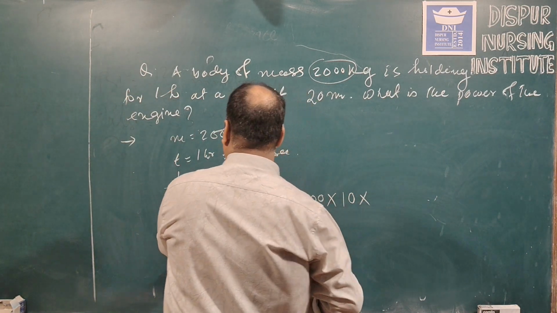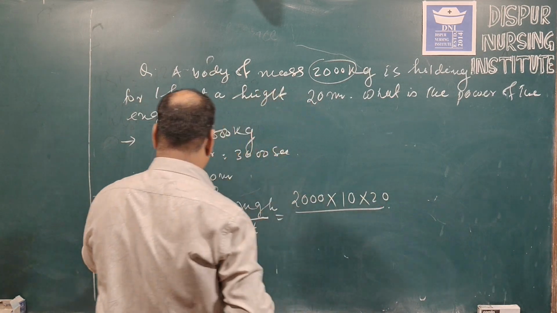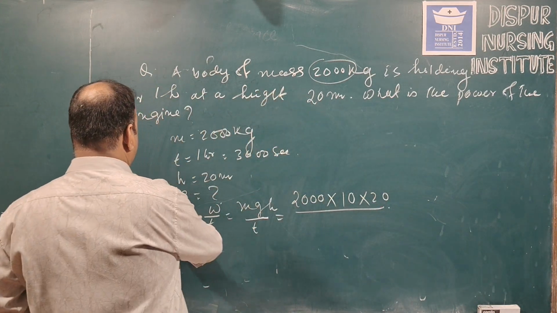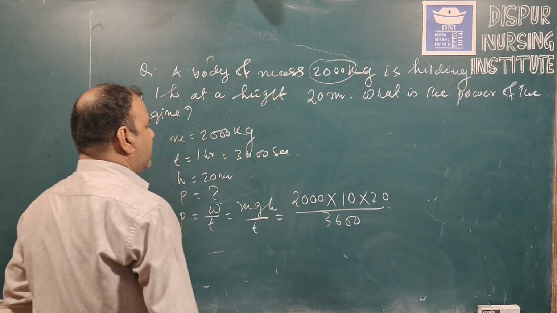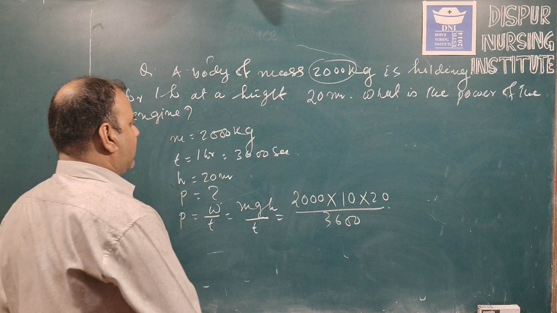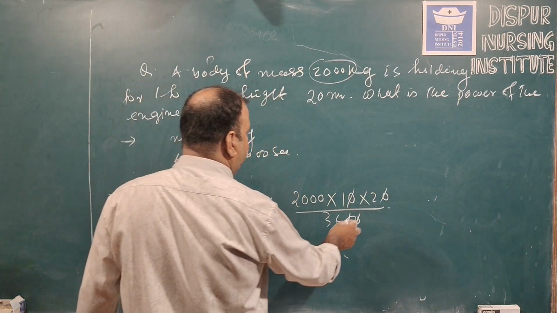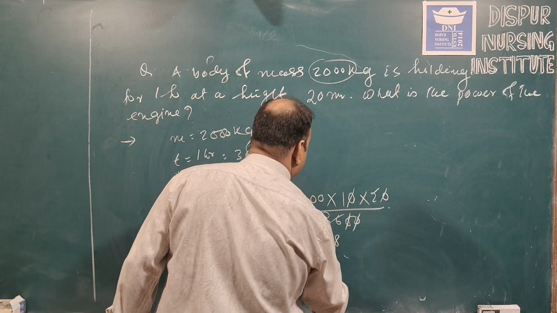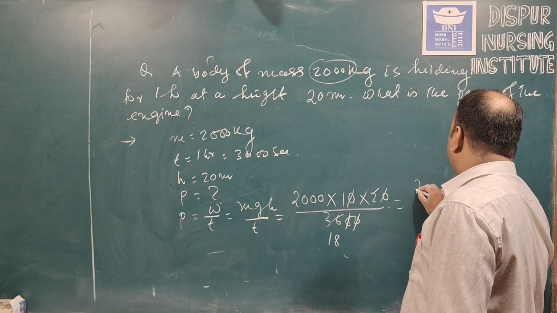So mgh, and the height is given as 20, divided by time, which is given here as 3600 seconds. In this case you can see this one cancels. So here it will be 218. So ultimately we can write 2000.